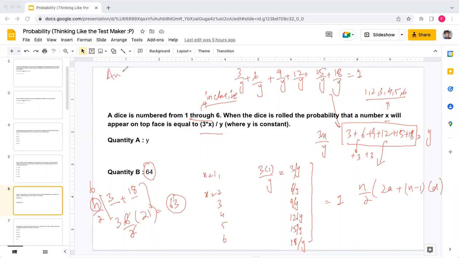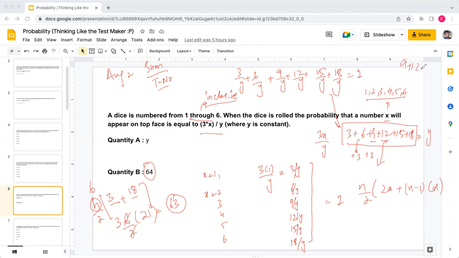You can do it this way, or you can do it this way. What is the average? Average is equal to sum by total number. So if this is in arithmetic progression, the average is equal to the median. So what is the median in this case? That will be 10.5, right? Because the total number of terms is even, and for even the median will be just the average of the middle two terms.